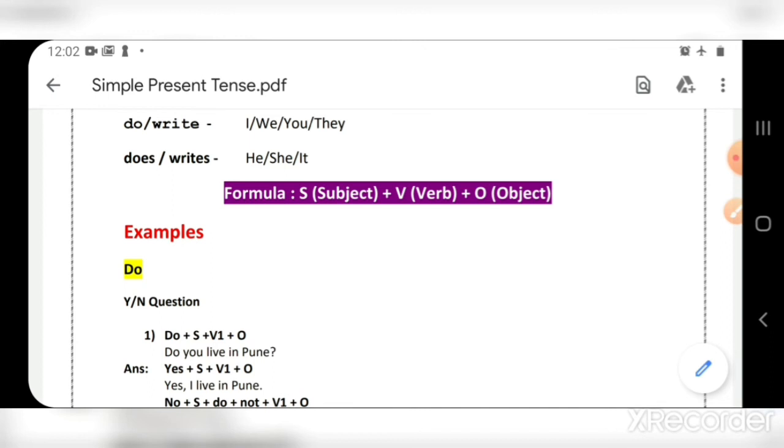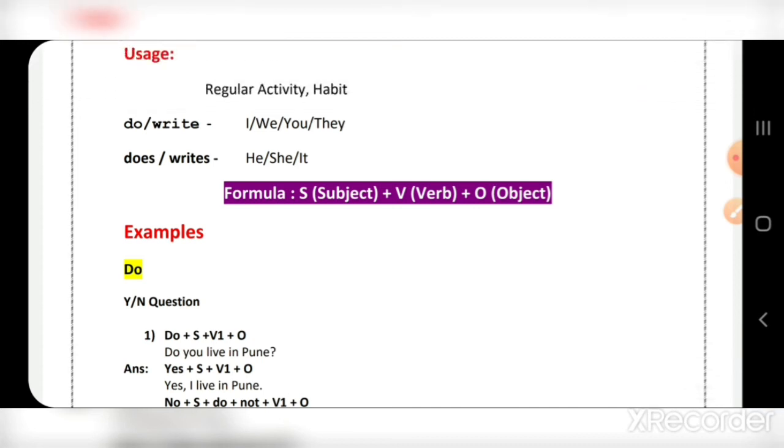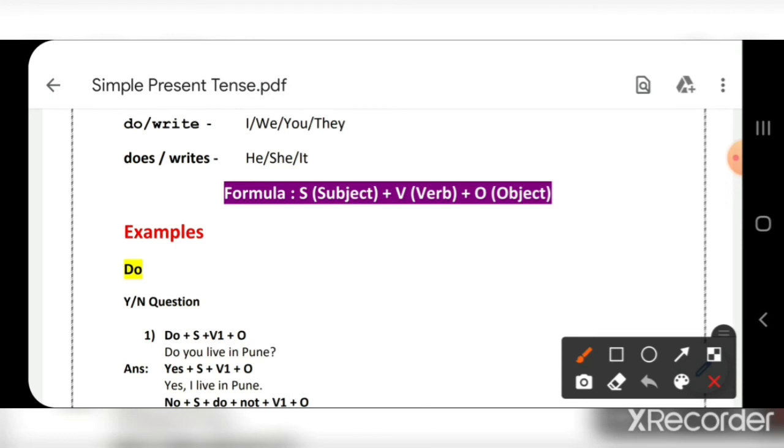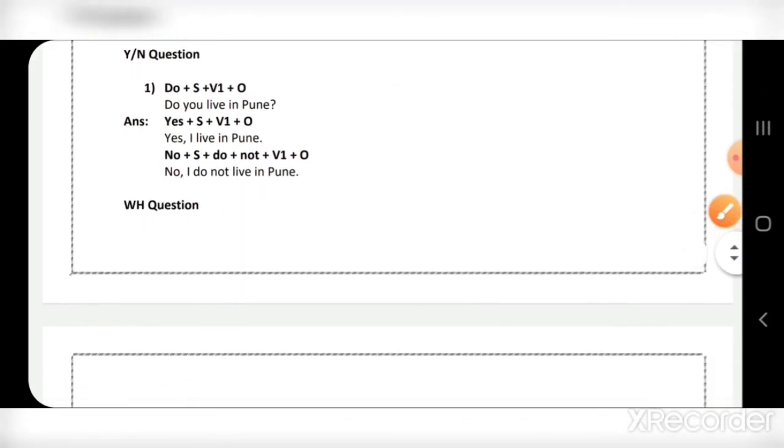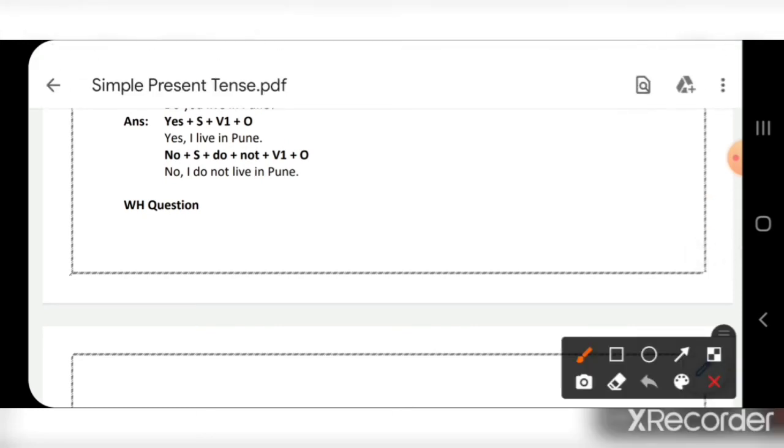Okay, now how to make a negative sentence, that is also very easy. Now you just have to remember, at the third place we have to use not in negative sentences. Here I have given all the formulae, so don't you worry about this. The negative sentence formula is this: s plus do plus not plus v1 plus o.